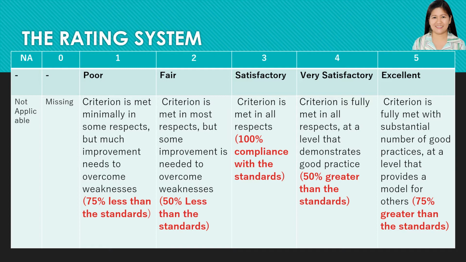Kung magiging familiar tayo later on sa ating mga survey instruments, gawin po natin na goal na maka-5 tayo doon sa mga benchmark statements na alam natin na malakas tayo or ito yung strength natin.